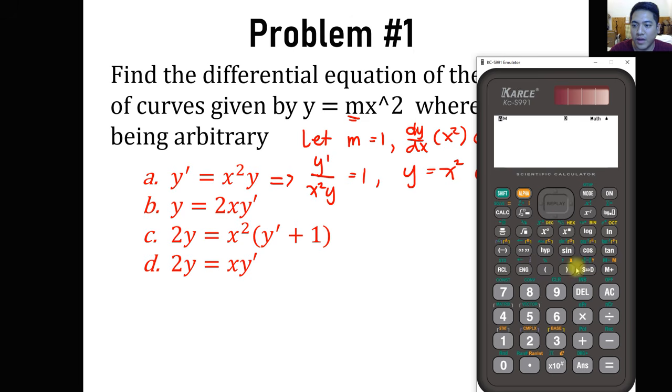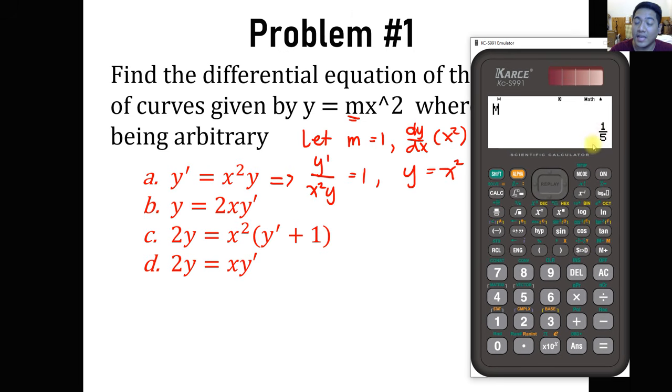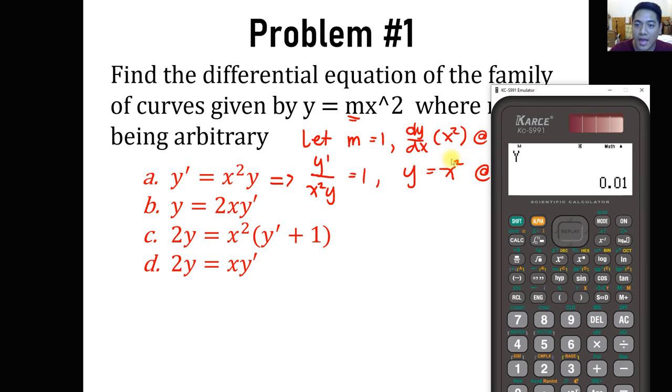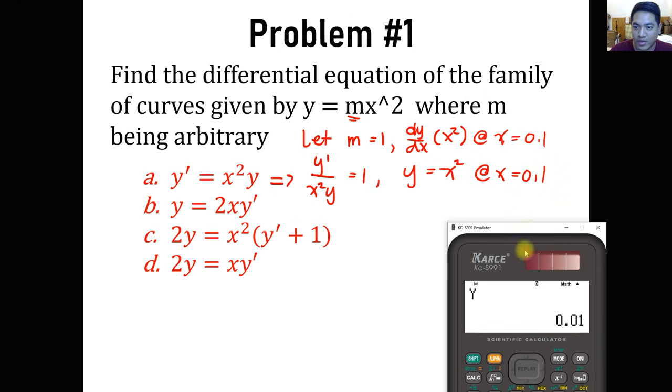So whenever I call the value of y, that is 1 over 100. And we have alpha m, which is the result of the differentiation of x squared at x equals 0.1. And again, our y is the result when we just substitute x squared at x equals 0.1.